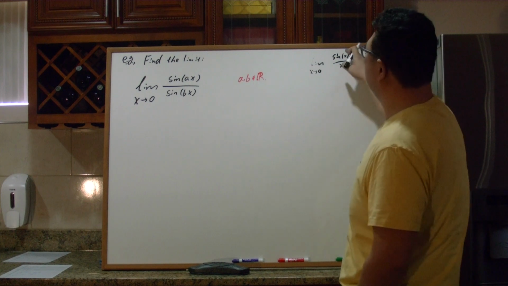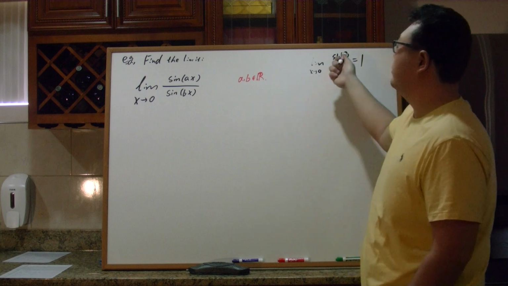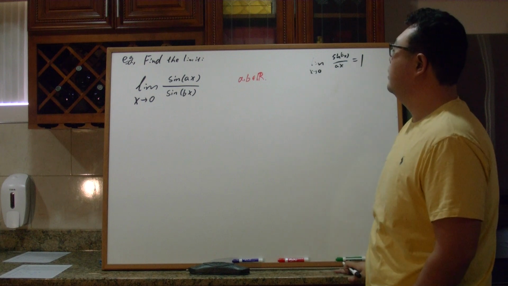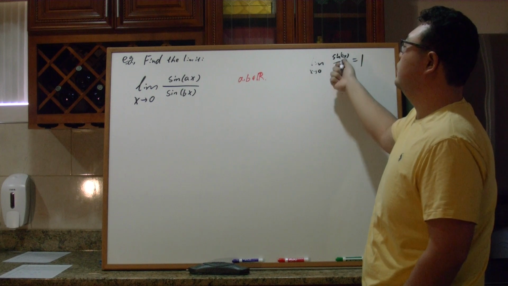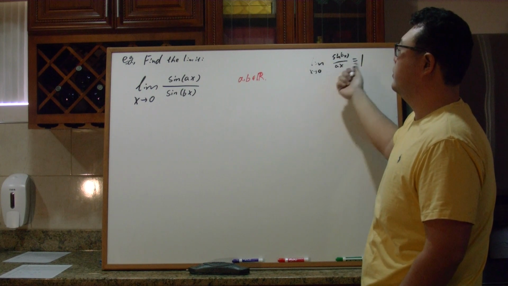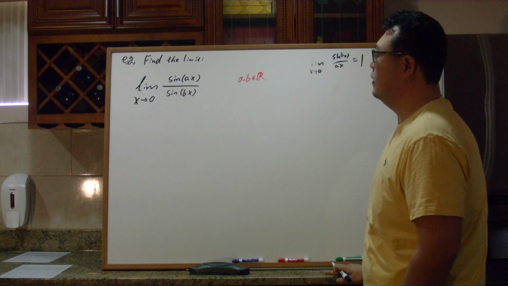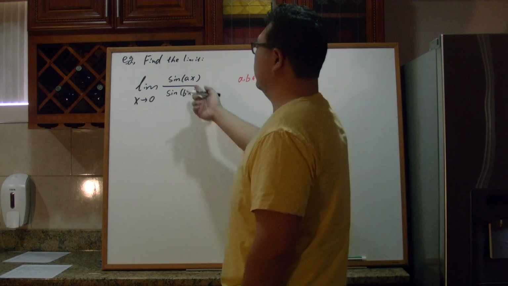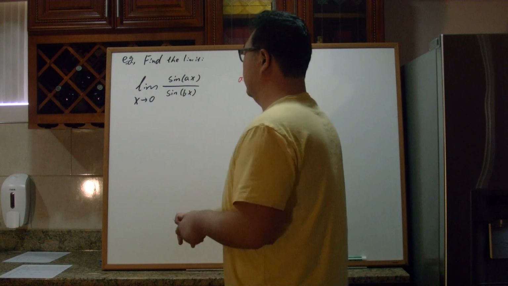This could be extended: sine of ax over ax is also 1, which means the inside term of sine is equivalent to the sine itself as x approaches 0. That can be substituted. So as x approaches 0, that's the same as ax over bx, which is a over b. That is one way we can approach it.